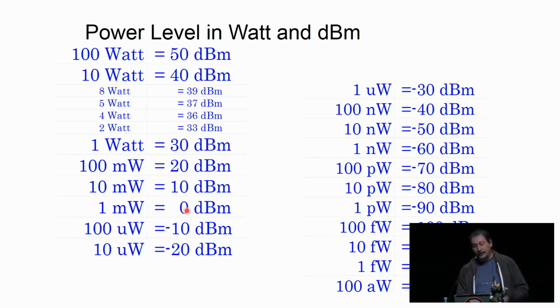So I need a laser pointer here. 1 milliwatt is 0 dBm, 10 times is 10 dBm, and 10 milliwatts, 100 times that is 100 milliwatts, and 1,000 times, and 10,000 times, 100,000 times of 1 milliwatt, and that also works into the negative numbers, a tenth and 1,000th and so on.